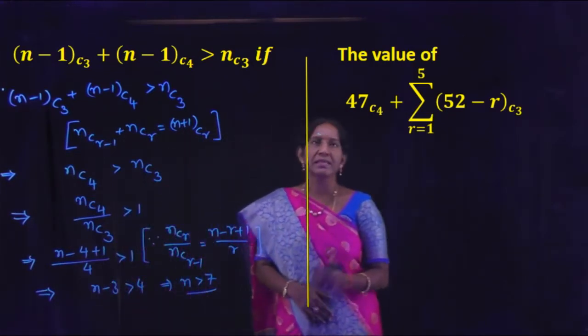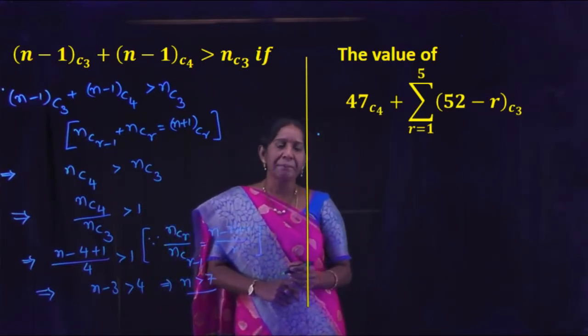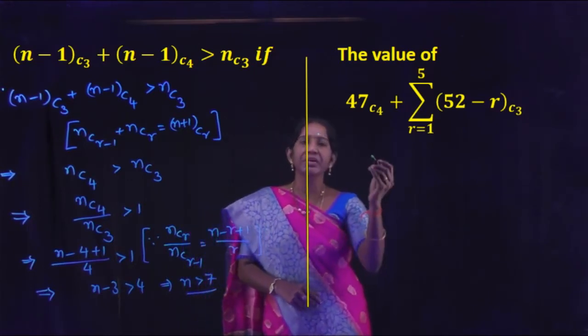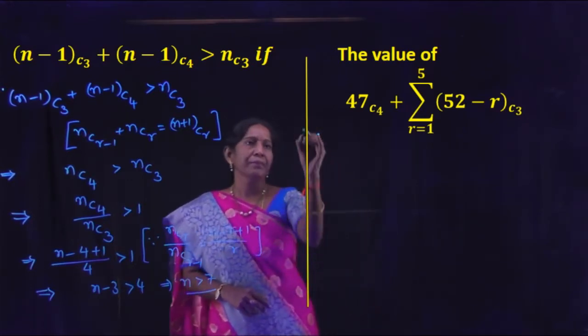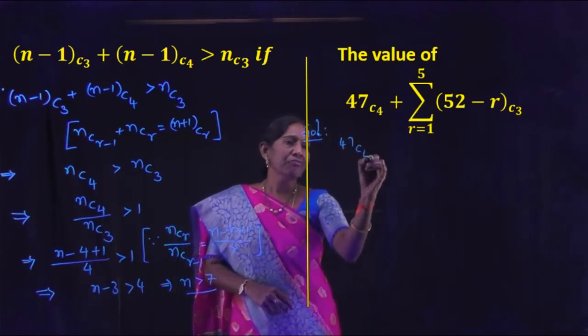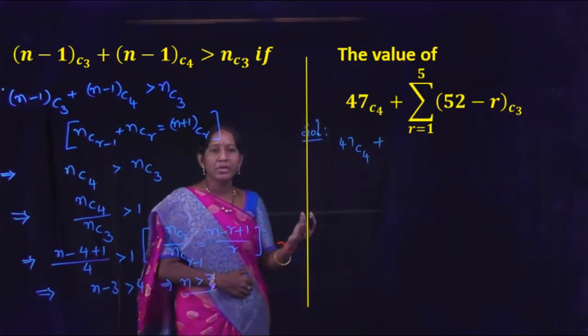And the next one is the value of 47C4 plus sigma r equal to 1 to 5, (52 minus r)C3. Then this problem is given as 47C4 plus sigma r equal to 1 to 5.